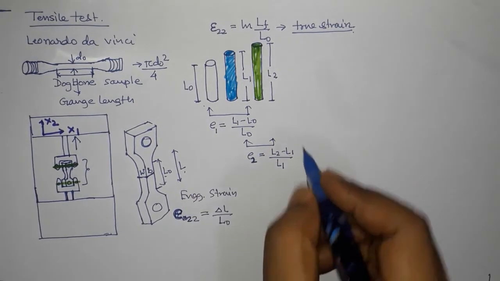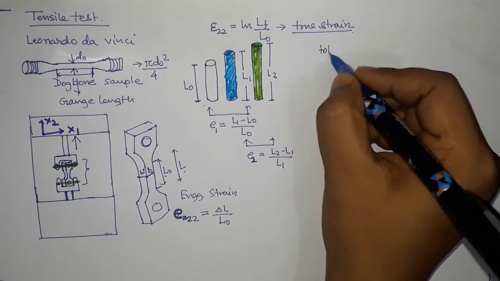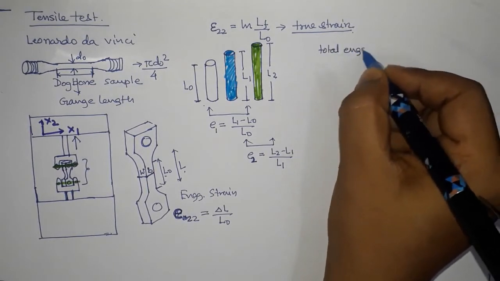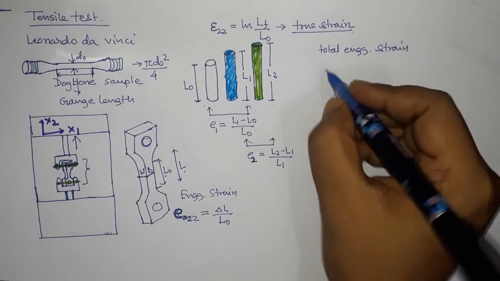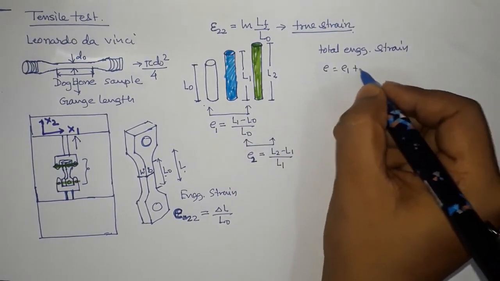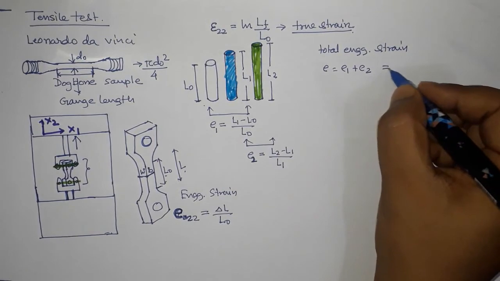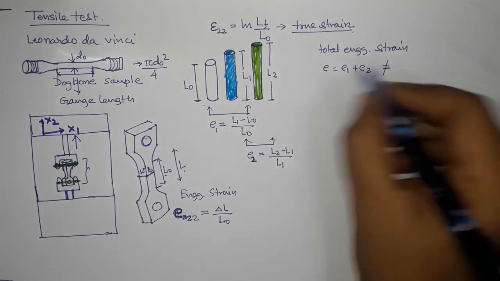So what will be the total engineering strain we are calculating? If we sum these two, E is equal to E1 plus E2, that will not give the right answer.